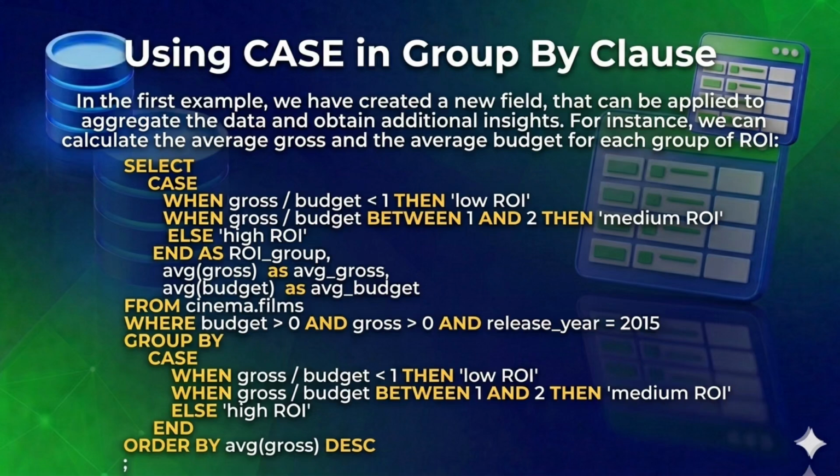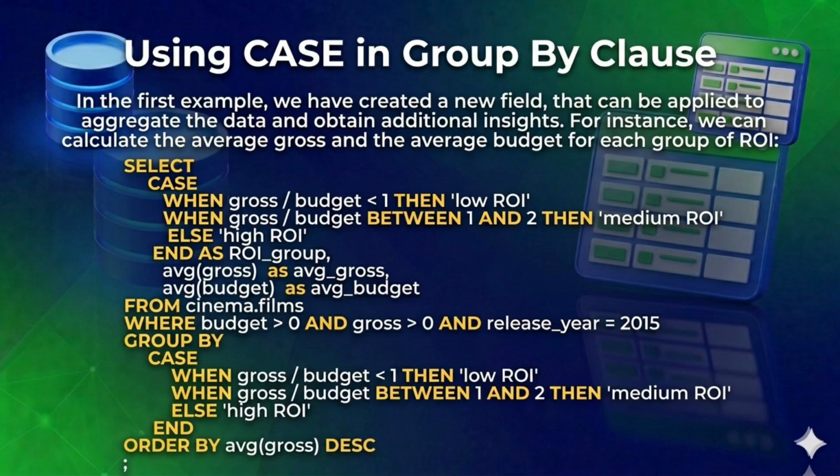If the ROI is between 1 and 2, we label it as medium ROI. Otherwise, it's categorized as high ROI. This derived field is then used to group the data. Along with that, we calculate the average gross and the average budget for each ROI category. We also apply filters to ensure only valid data is considered, like budget and gross being greater than 0, and restricting results to the year 2015.